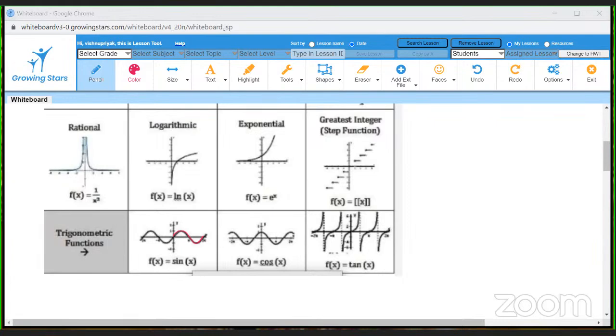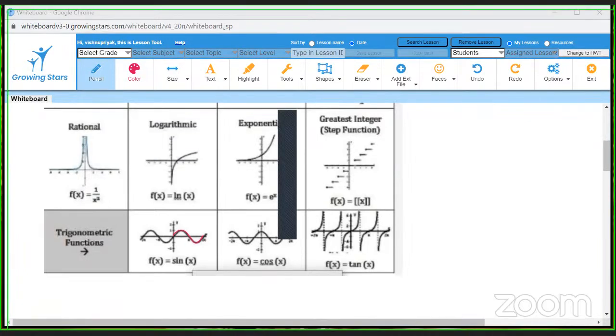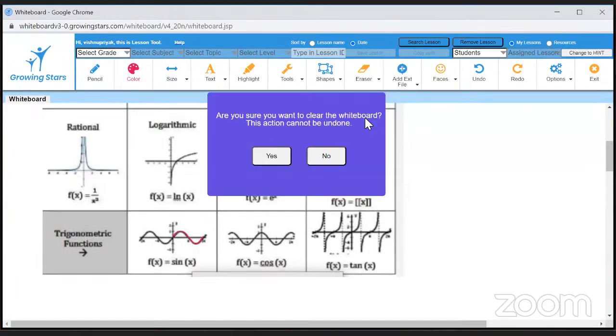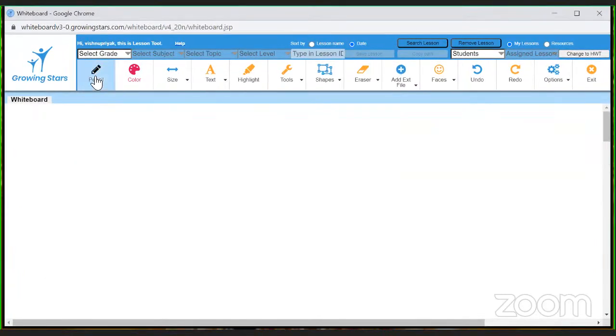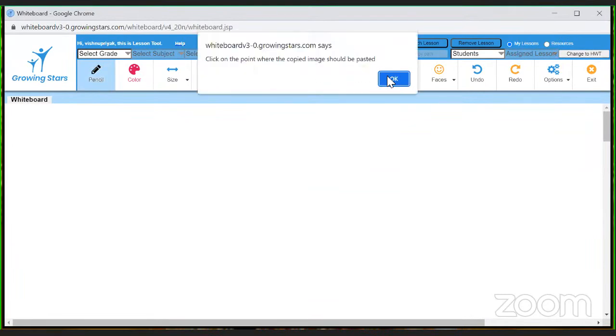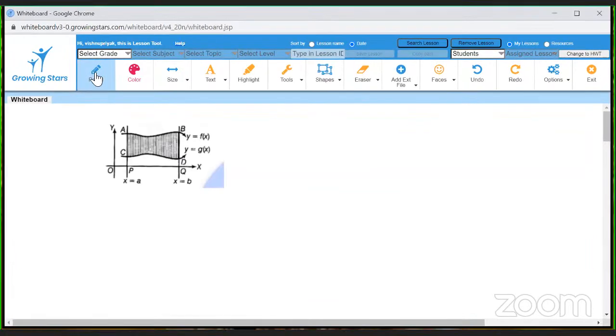Okay. Now the next one is area between curves. What do we mean by area between? Like this. Here you will be given y equal to f of x.